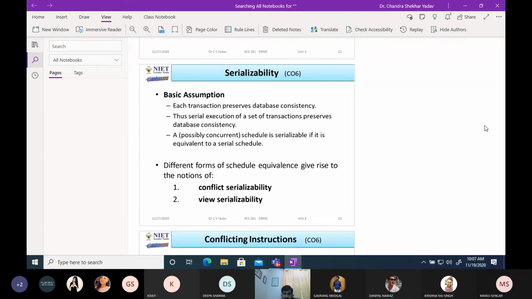Before going to the topic of conflict serializability, I hope you all understood conflicting instructions and non-conflicting instructions.